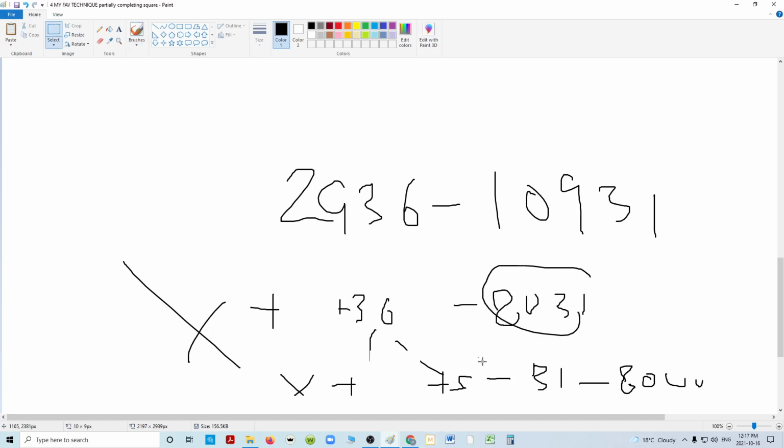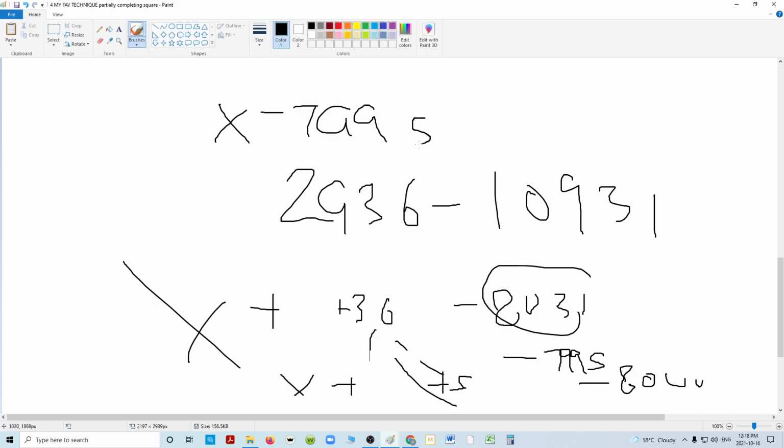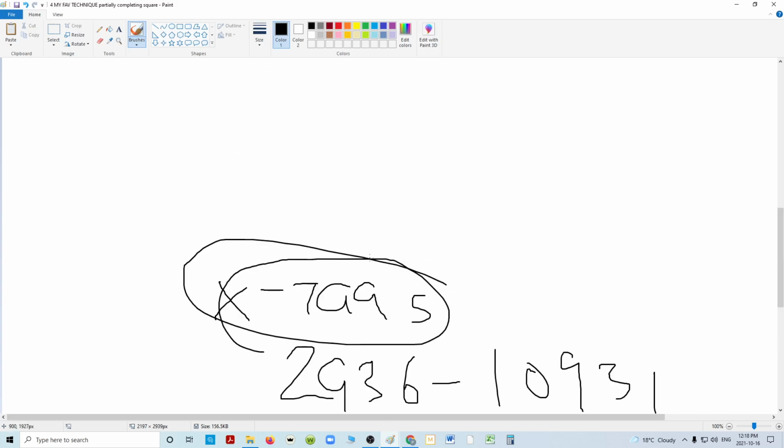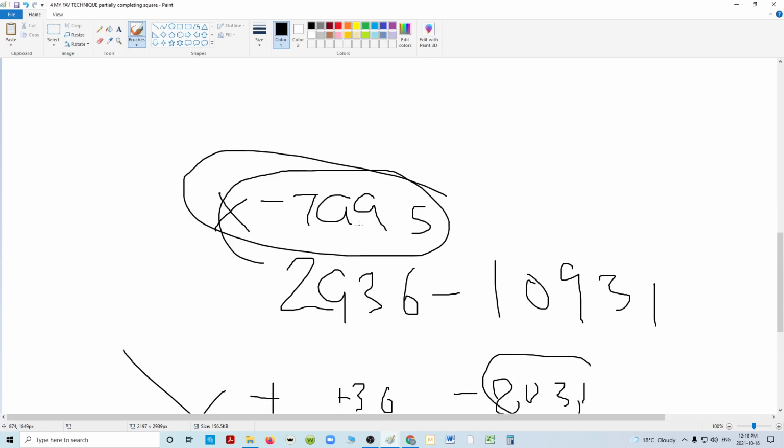So clearly these cancel. And I'm left with plus 5 minus 8,000, which is clearly minus 7,995. Now I did that quickly. I might have made an arithmetic error. But the point I'm trying to make is, I'm left with x minus 7,995.